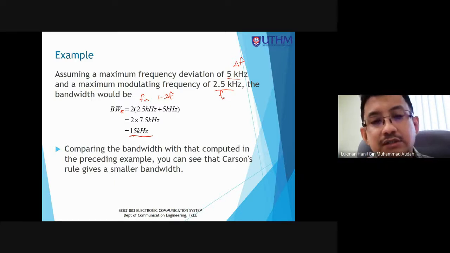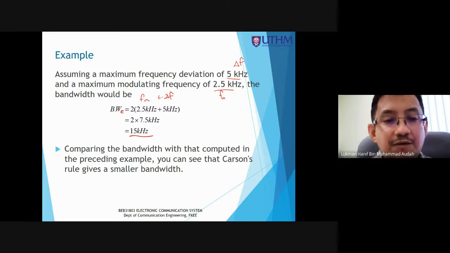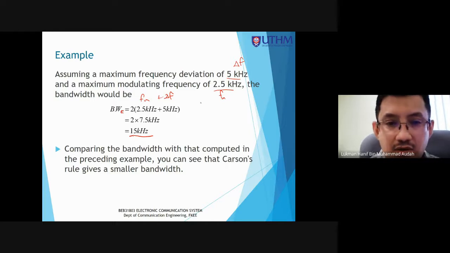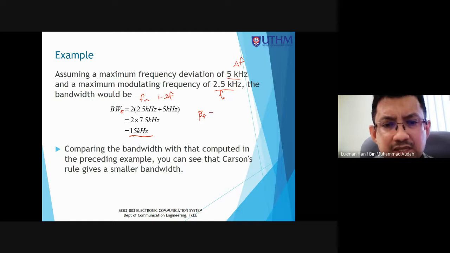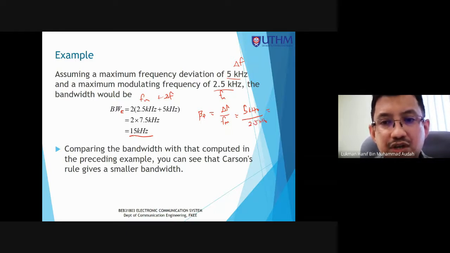Notice, actually, if we calculate mentally, the value of beta F is equal to delta F divided by Fm. So this is actually 5 kilohertz divided by 2.5 kilohertz, which is equal to 2.